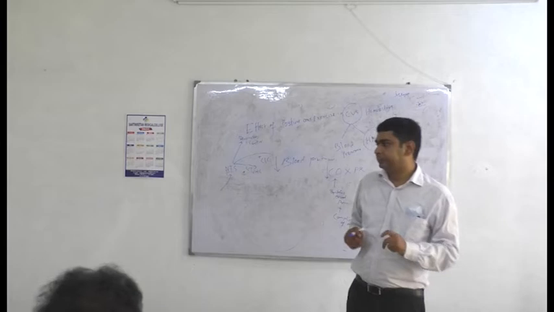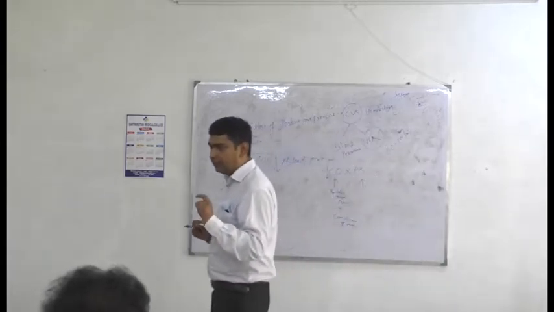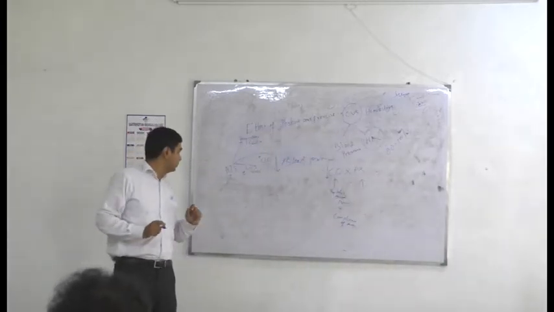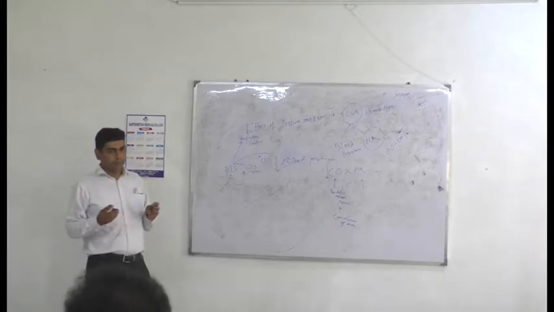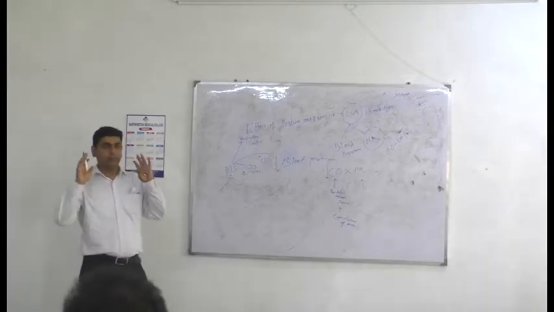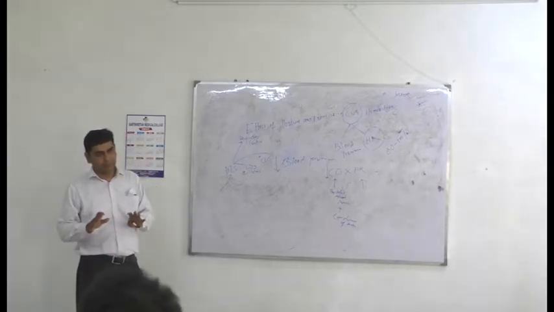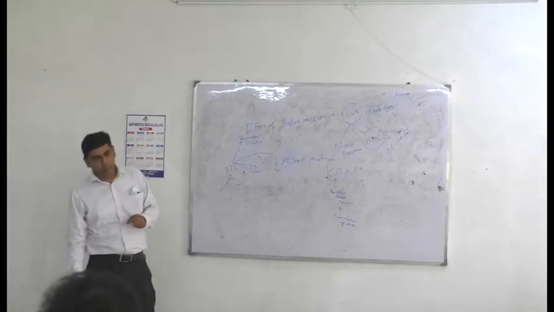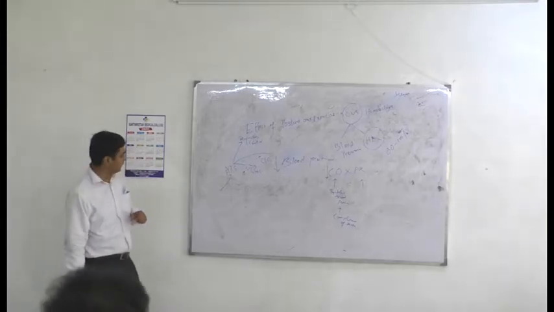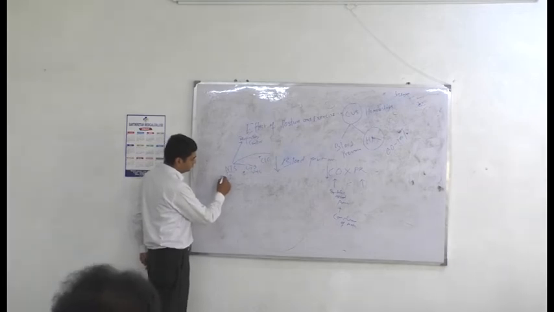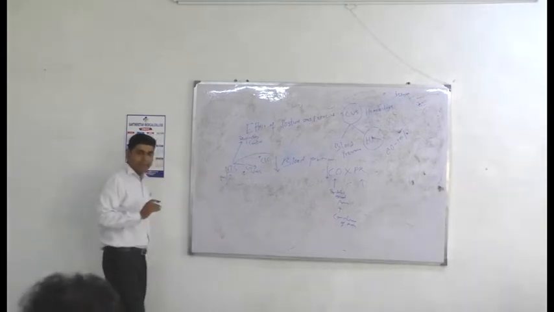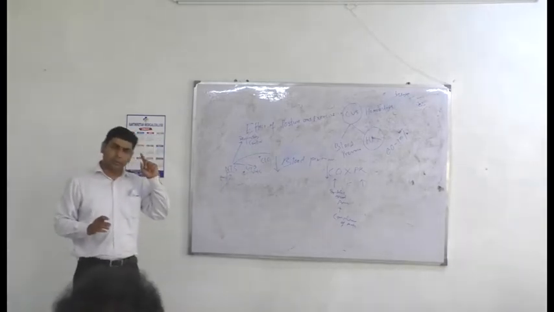So what happens when there is a change in blood pressure? When we go from supine to standing, there is a fall of blood pressure because there is pooling of blood in our legs. So this is the negative one, because a lesser amount of blood reaches the carotid region.